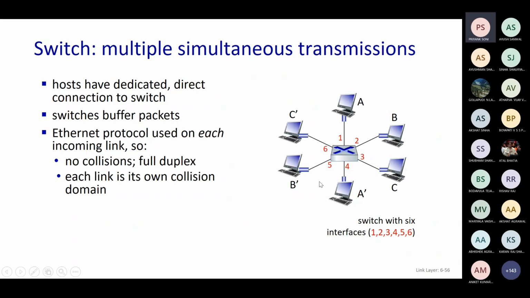Then the Ethernet protocol is used on each of these incoming links. Why is it used? So that collisions are avoided. Full duplex communication can be allowed so that communication from both sides can happen at the same time, and each link is its own collision domain.